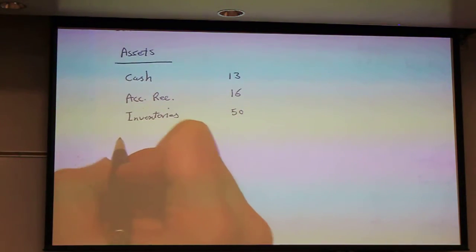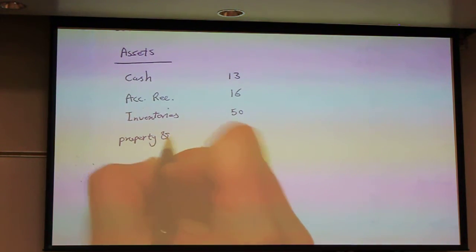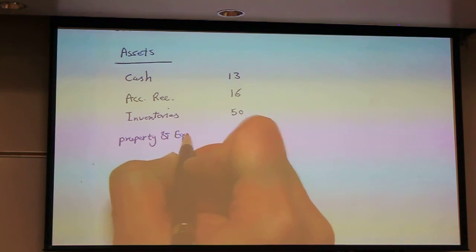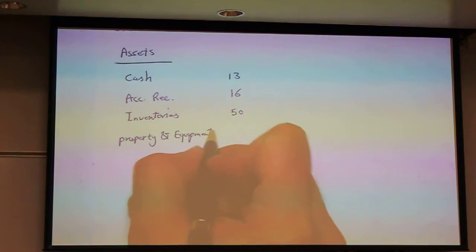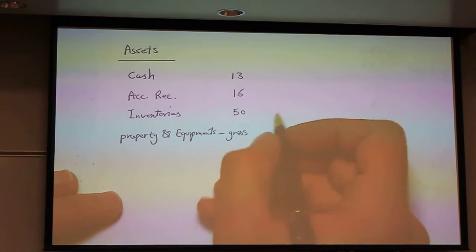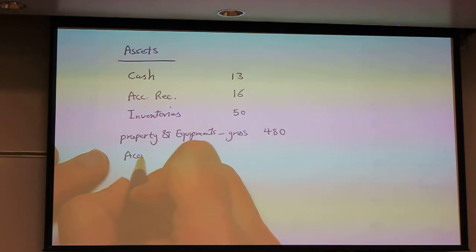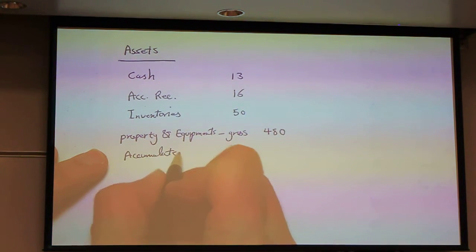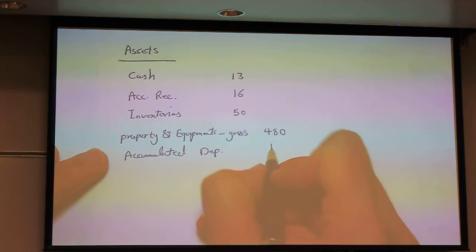So property and equipment, gross. Yes. I have 480, which should be subtracted from the accumulated depreciation, which is 180.